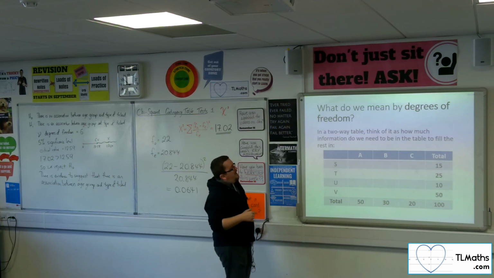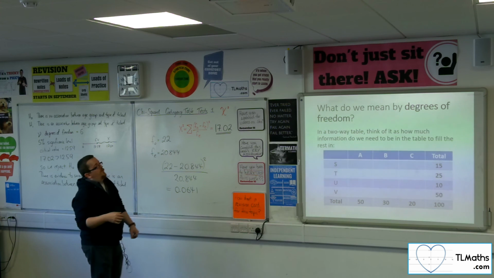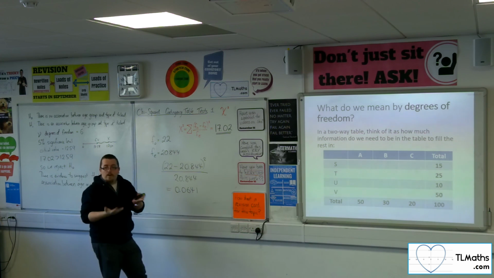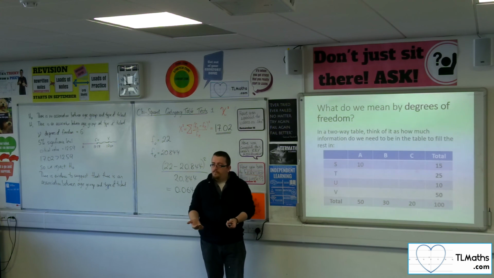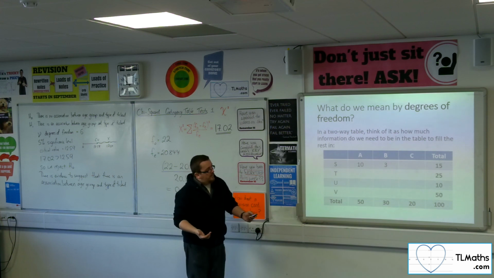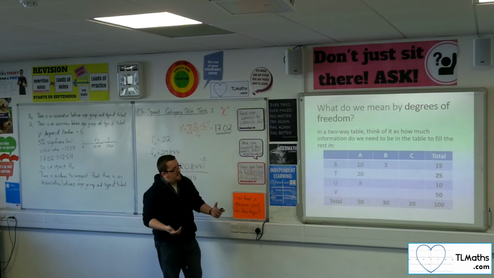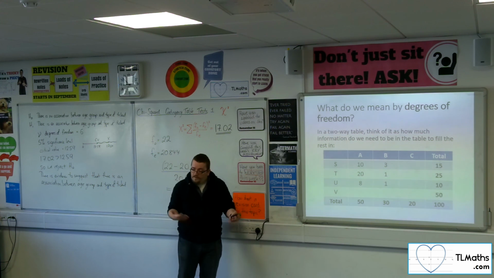So if it's in a two-way table like the one that we've done, think of it as how much information do we need to be in the table to fill the rest of the table in. So can you fill in the rest of the table now? Still not? You can fill in one now? Now? Yes.